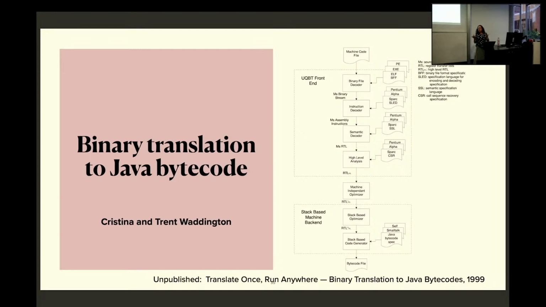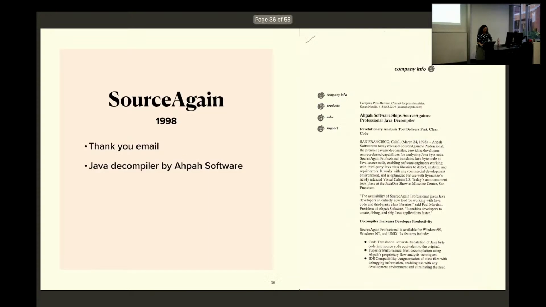Because it's an easier representation to manipulate, but it was different to the other ones because we were taking the front end into the high level representation, and then we needed to lower it down to a stack-based representation for bytecodes, right? So that was also pretty interesting work.